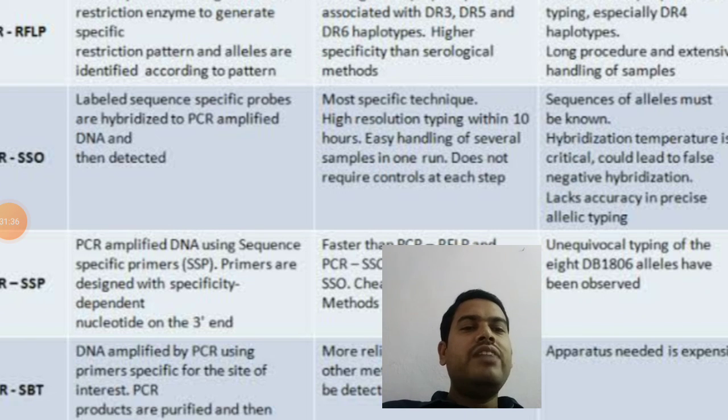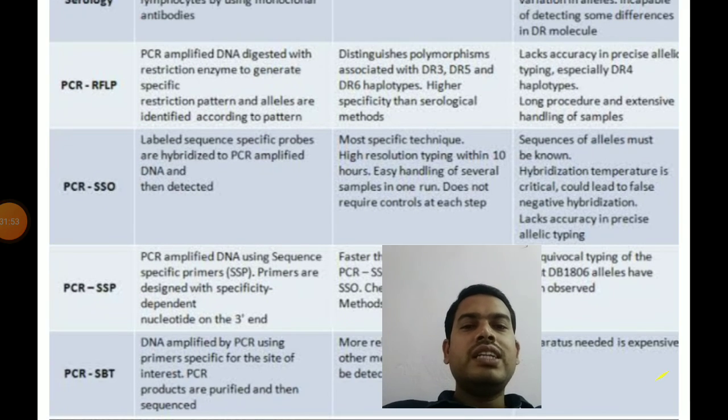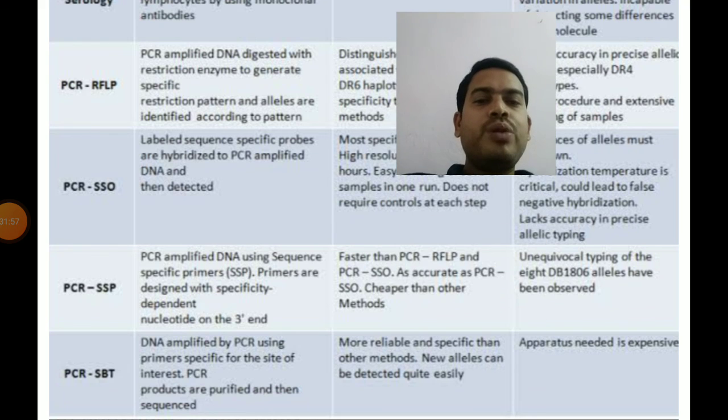But the major disadvantage is that the sequences of the alleles should be known. All the sequences of the alleles for the construction of the probes should be known. Otherwise, if the construction of sequence specific probes is difficult, you cannot perform this experiment. So that is the disadvantage of HLA typing using PCR sequence specific probes.